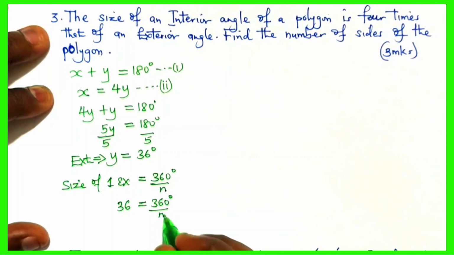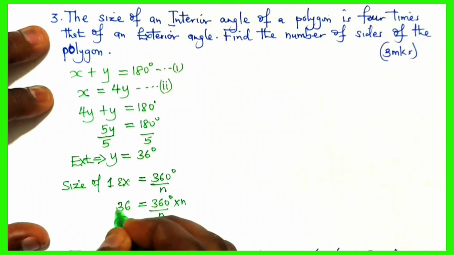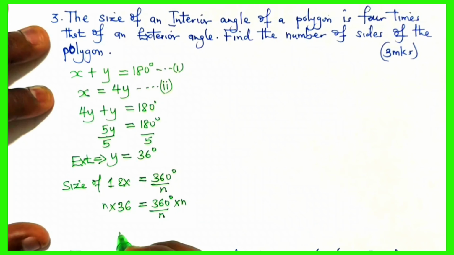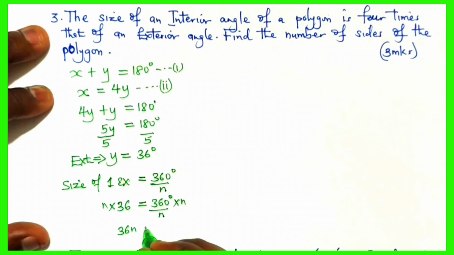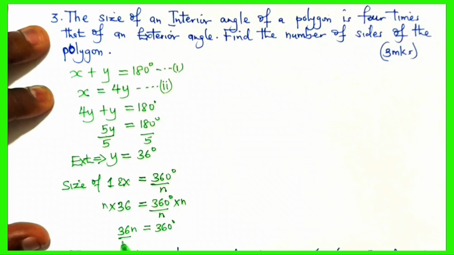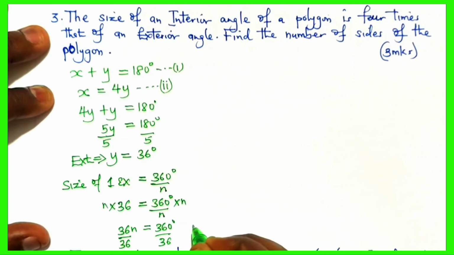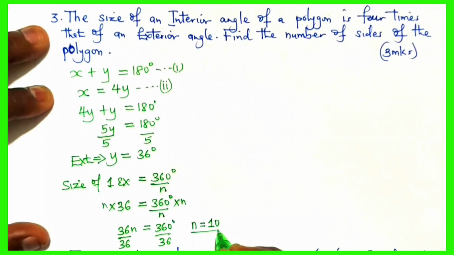And then we get rid of the denominator by multiplying both sides by n. So we end up having 36n to be equal to 360 degrees. And therefore we divide both sides by 36. We end up getting the value of n, which represents the number of sides, to be equal to 10.